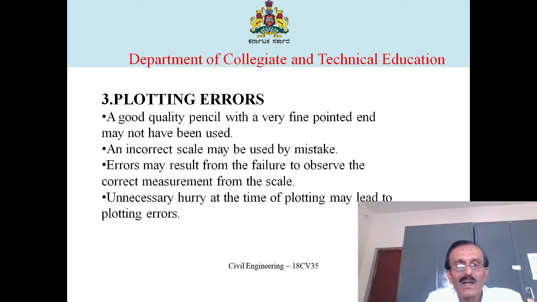When you are converting the measured thing on the sheet, if it is not properly converted, then also you may get some discrepancy. Unnecessary hurry at the time of plotting may lead to plotting errors, as in hurriedness you may have plotted some erroneous plottings.